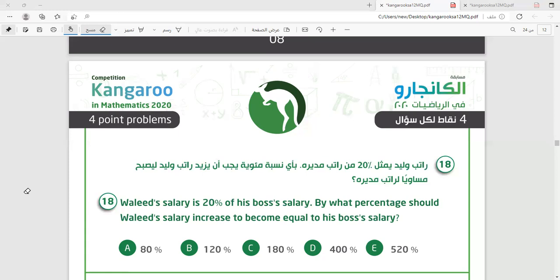So it's correct, 20 multiplied by 4 is 80%. So you can just do it this way, and you get the same answer. So 80%. Of course there's no 40 among the choices, just 80, 120, but you can't choose 80 directly when you see there are two 80s. Your answer will be wrong.